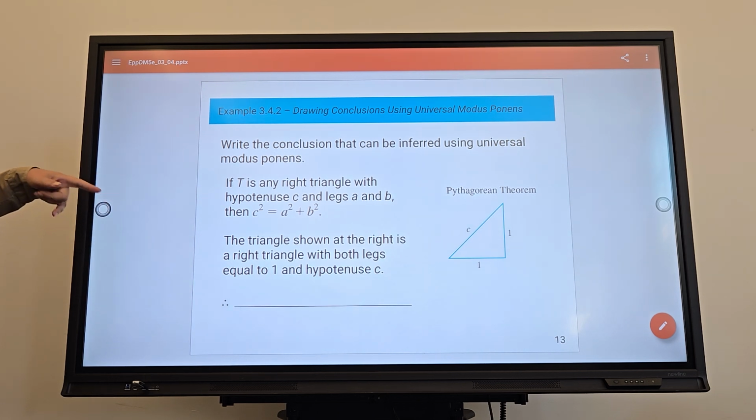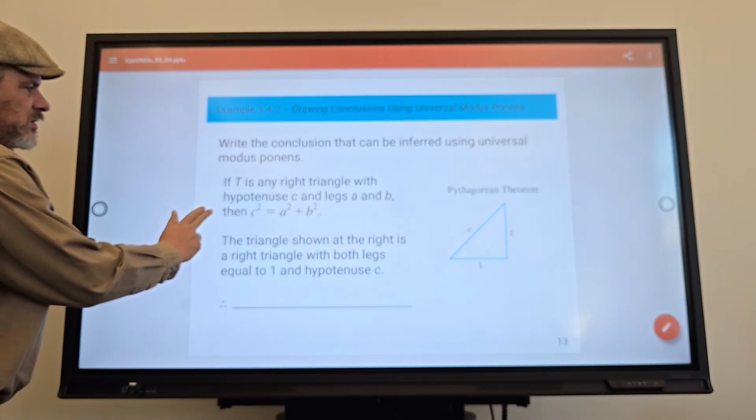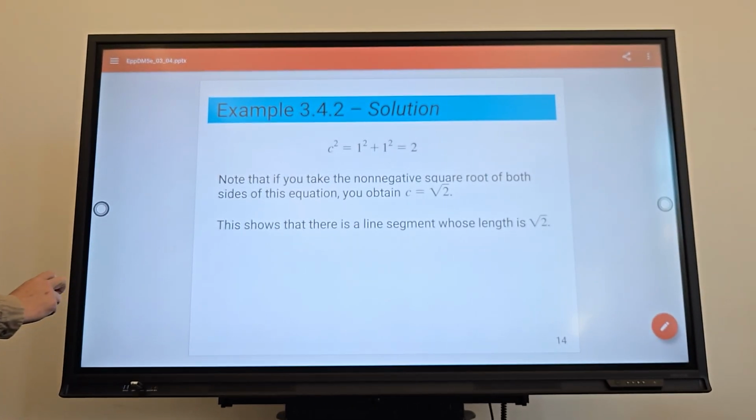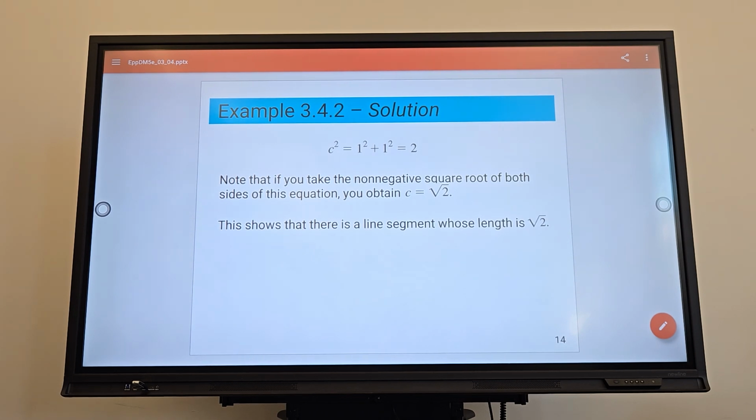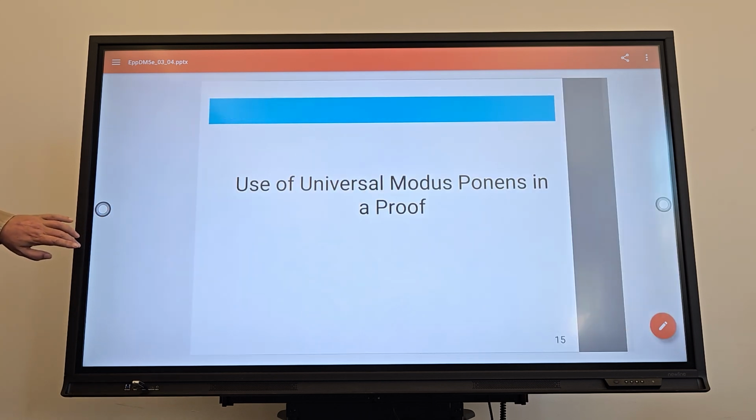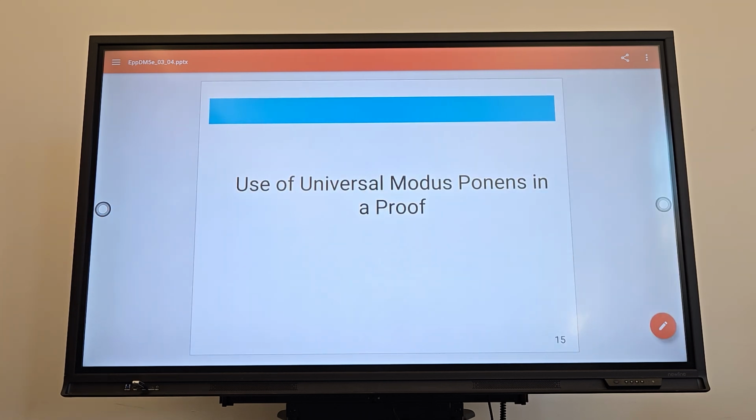So if T is any right triangle with hypotenuse c and legs a and b, then c squared equals a squared plus b squared. So if you take the non-negative square root of both sides of the equation, you obtain c equals the square root of 2. This shows that there is a line segment whose length is square root of 2. Use of universal modus ponens in a proof.